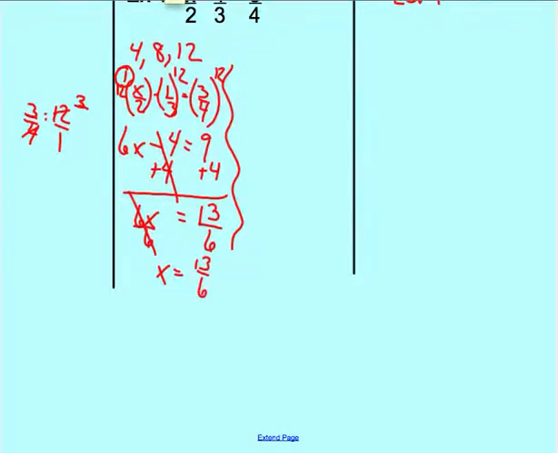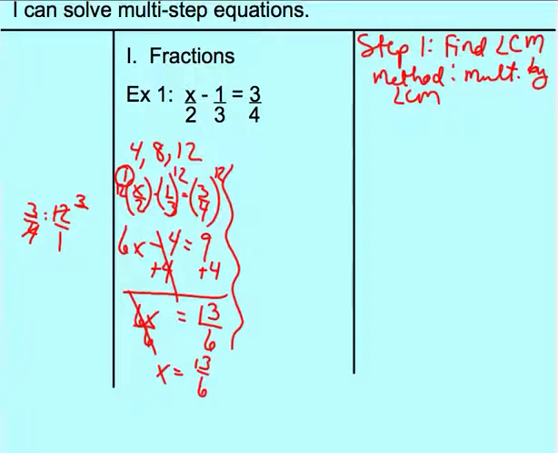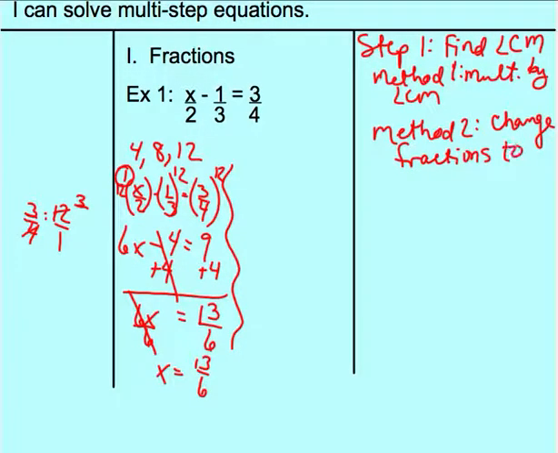All right, so let's take a look at method 2, if you're not really a fan of that one. Sorry, that was method 1. Method 2: change fractions to least common denominator. All right, so here's my method 2.